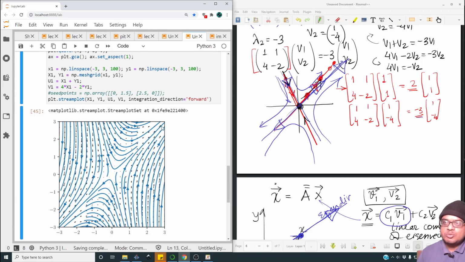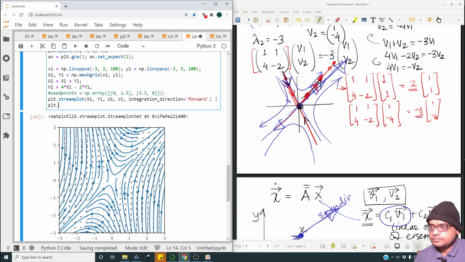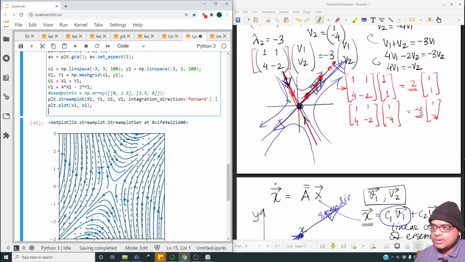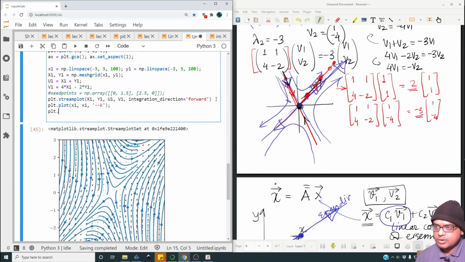Now let us superimpose on top of this the two eigen directions. So plt dot plot. The first line will be x equal to y, so x1 comma x1. Let me make this eigen direction black. Because it's the unstable axis, we'll make it a dotted, broken line.